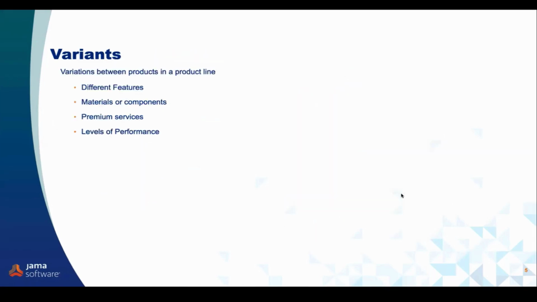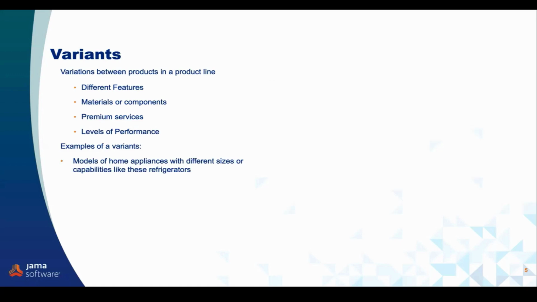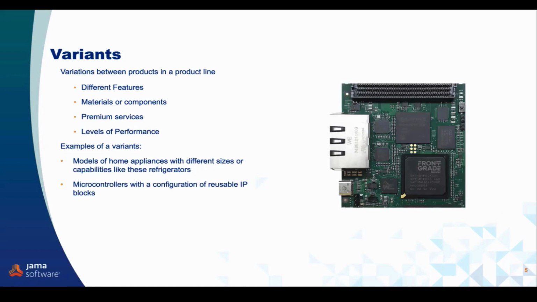A product can vary in many ways, such as different features, material or components, premium services, or levels of performance. Here are some examples you might recognize. Models of home appliances with different sizes or capabilities, like these refrigerators. Microcontrollers with a configuration of reusable IP blocks.